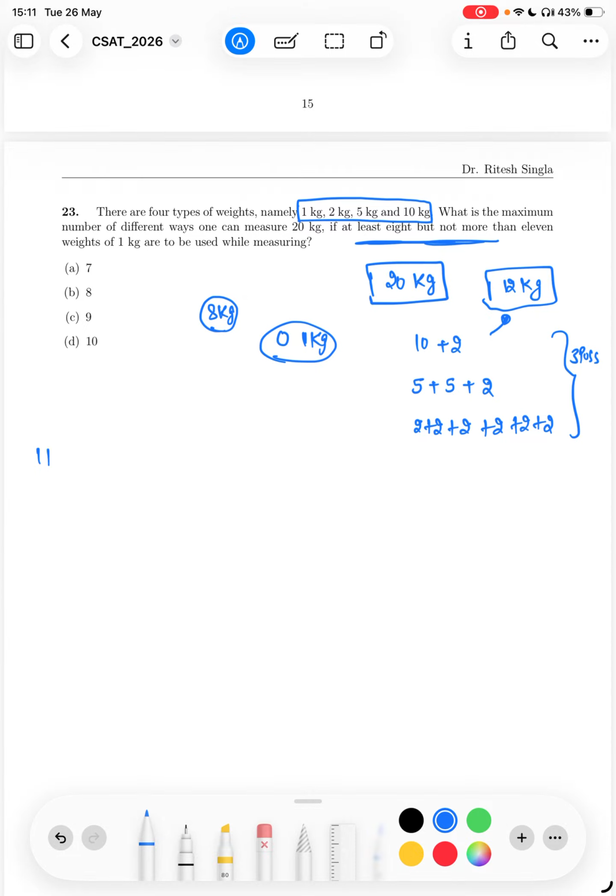If I'm using one 1 kg dumbbell, one kg weight, so I need to measure around 11 kg of weights. So how can I make it? Either it will be 10 plus 1, or it will be 5 plus 2 plus 2 plus 2, or it will be 5 plus 5 plus 1.